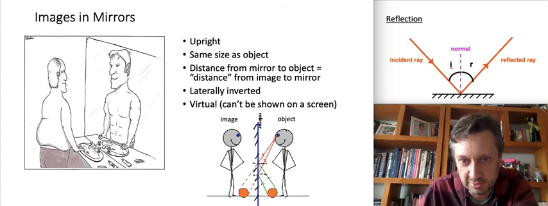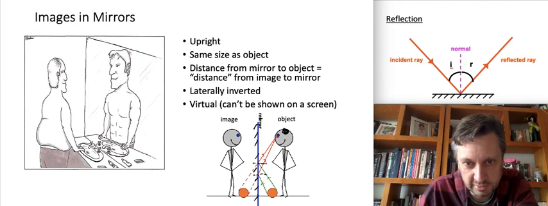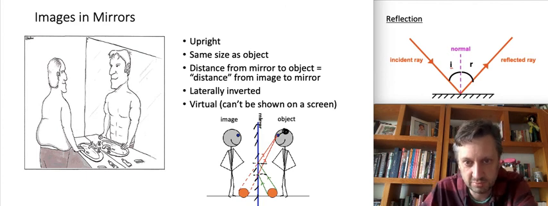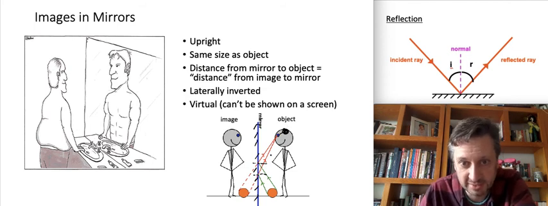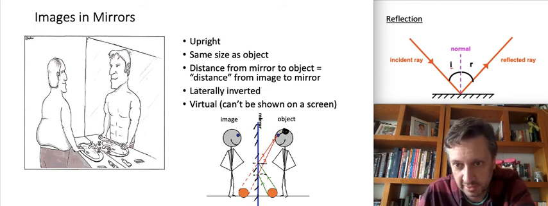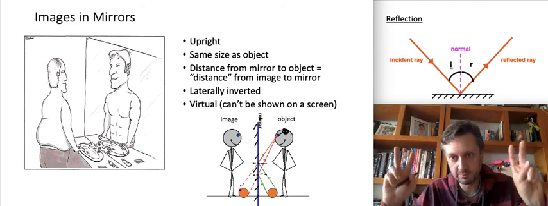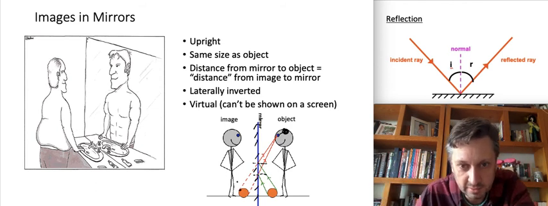But what his brain is doing, presumably he's got a brain up here somewhere, is taking information from his eye, and his brain is calculating where he thinks those rays of light are coming from. He thinks those rays of light are coming from this point behind the mirror and this point behind the mirror.